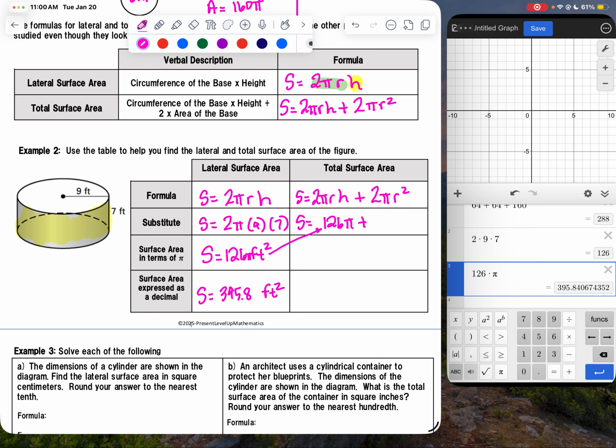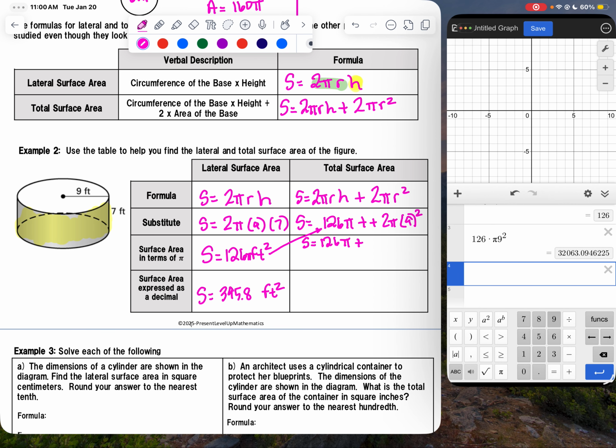Okay. And then 2 pi r squared, so 9 squared. So the surface area in terms of pi would be S equals 126 pi plus 9 squared times 2.